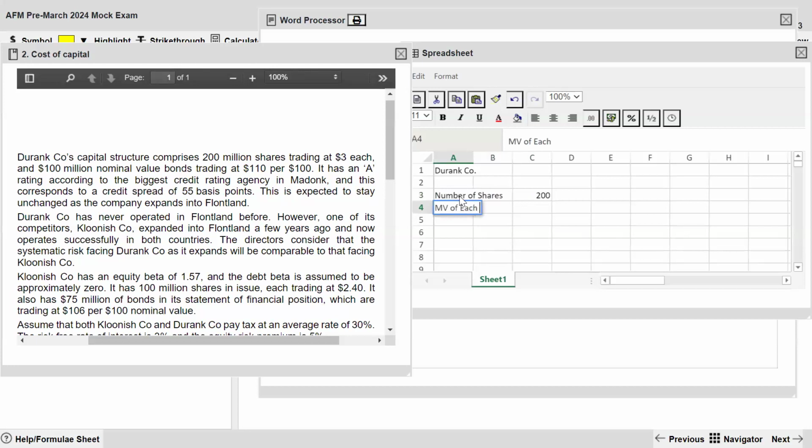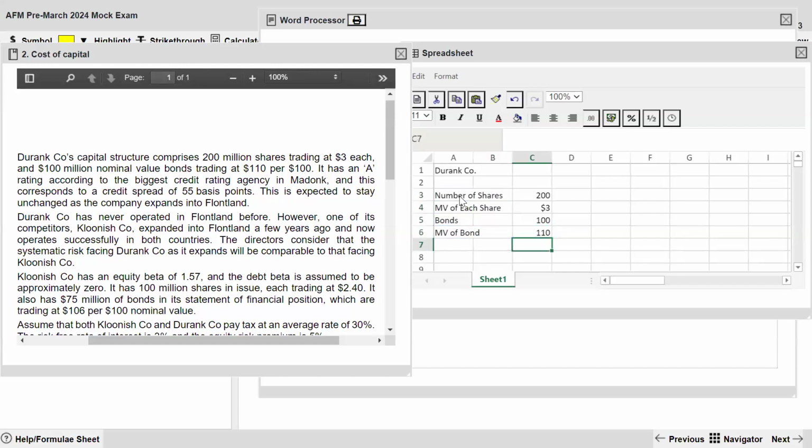Market value of each share, $3. And $100 nominal value bonds trading at 110 per 100. Bonds, $100 million. Market value of bond, 110.